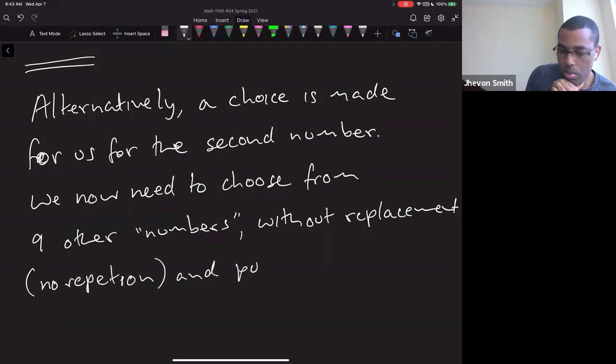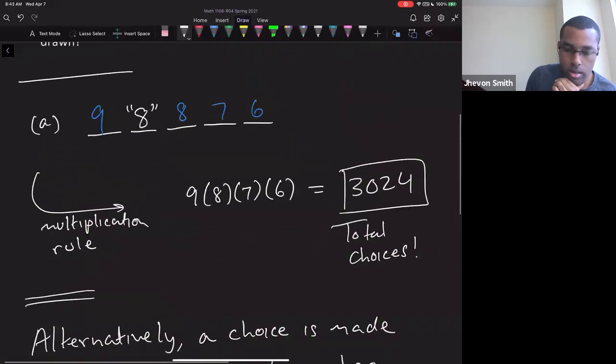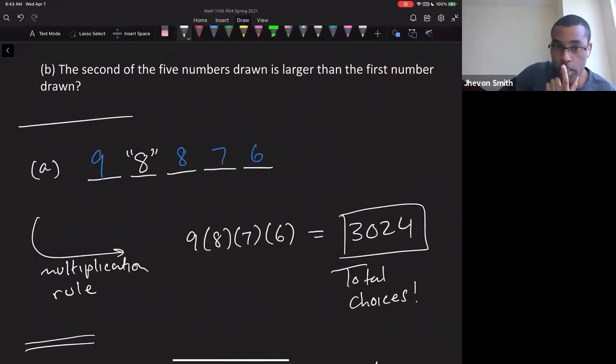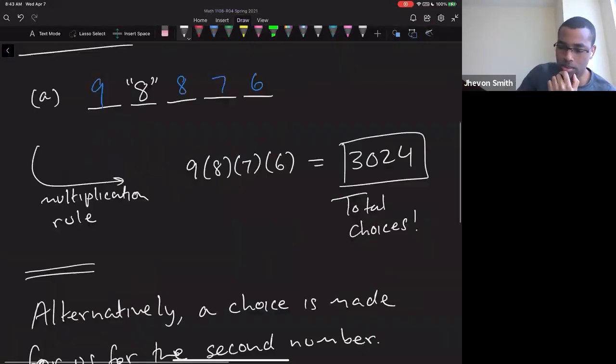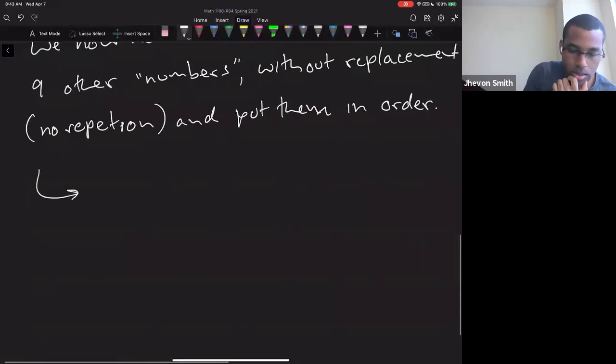And put them in order, right? So I'm going to choose something for the first number, the third number, the fourth number, and the fifth number, right? I'm doing things in order. I'm not allowed to pick anything that was picked before, which means repeats aren't allowed. So what does that remind you of? Well, it's a permutation.